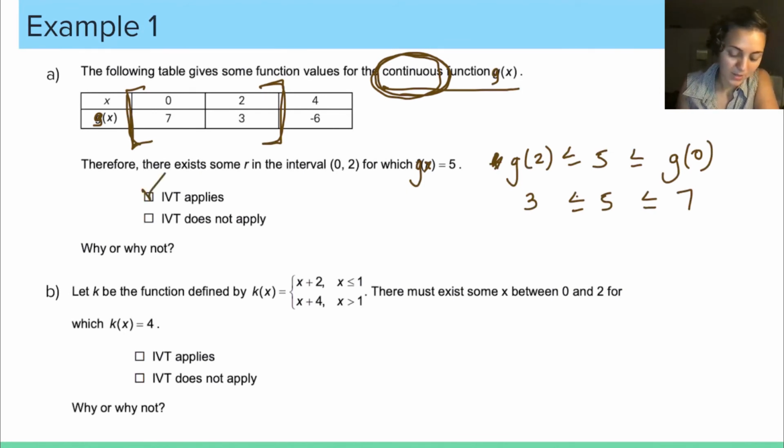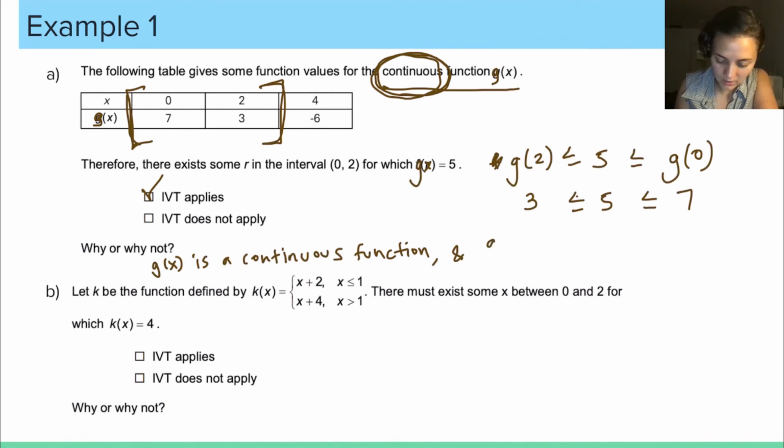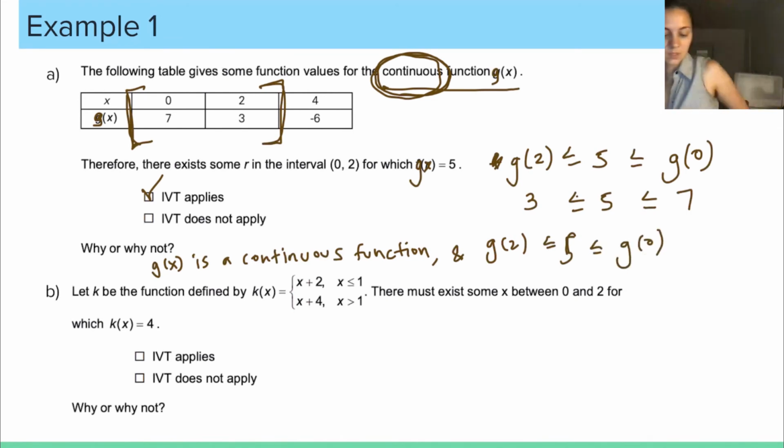So yes, it applies. g of x is a continuous function, and g of 2 is less than or equal to 5 is less than or equal to g of 0. Since we are just looking on the interval between 0 and 2, those are the x values we're looking between.